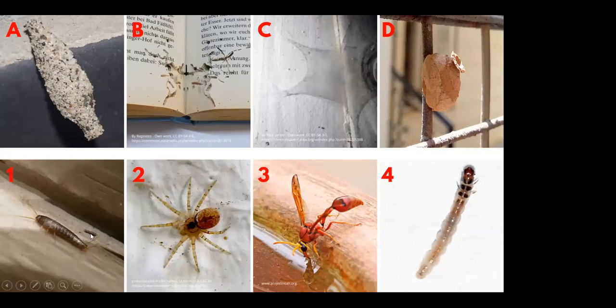And at the bottom row, you can see some different animals. Now your task is to match which animal made which home. So could it be, for example, 2 to A? Could it be 4 to D? I'm giving you 30 seconds to guess. So please start.